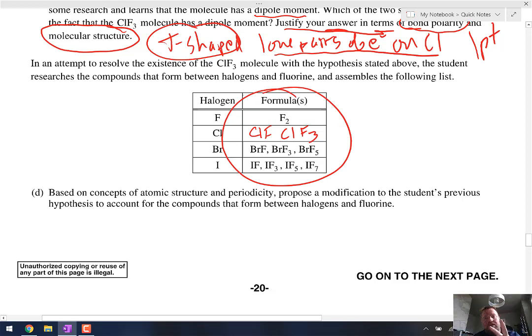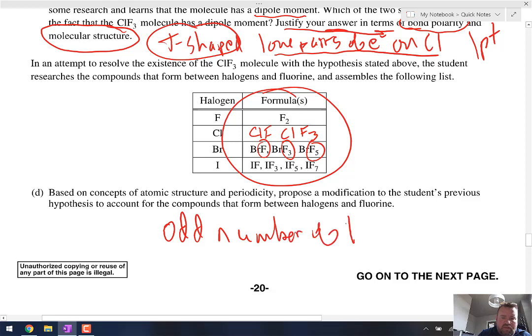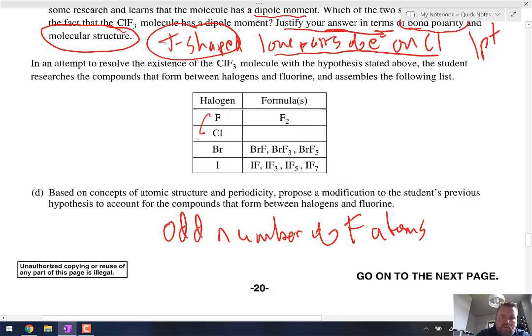So there's a couple of different answers that they accepted here. One of them is, you'll notice that every single one of them simply has an odd number of fluorine atoms. So if you change it to simply include odd number of fluorine atoms, that's one answer that they accepted. They also accepted, notice that as you go from fluorine to chlorine to bromine to iodine, that the number of compounds increases.